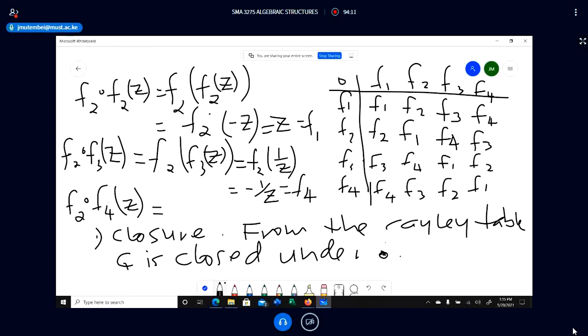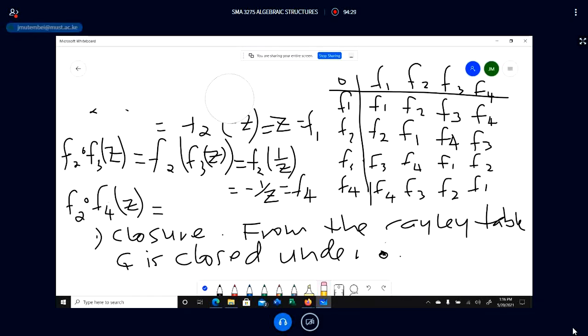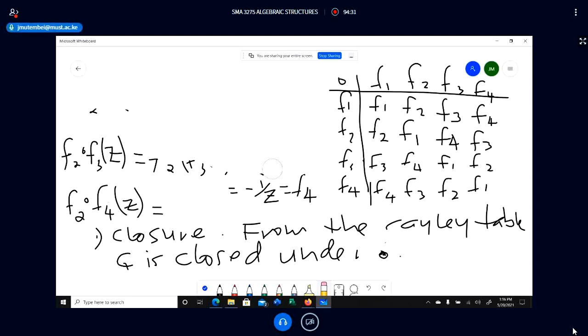What about the second one? The associative property. If you take any three members of G, do they obey the composite property?